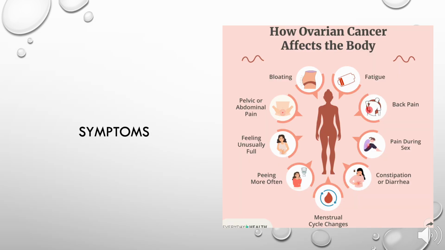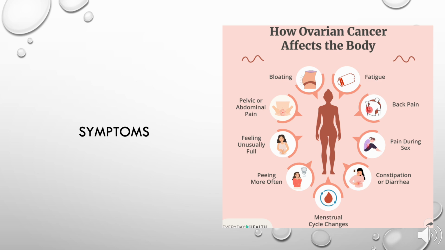So the symptoms of ovarian cancer can be really vague and nonspecific. And the problem with the symptoms of ovarian cancer is that they can be associated with any other common conditions. So as you can see, a lot of these signs are quite vague and arbitrary. And unfortunately, in the early stages, ovarian cancer often doesn't have any symptoms and has very few noticeable signs.